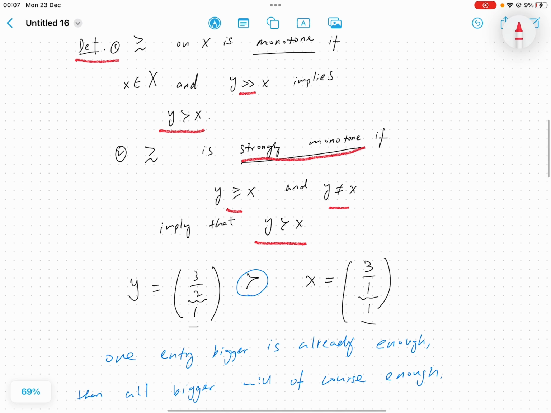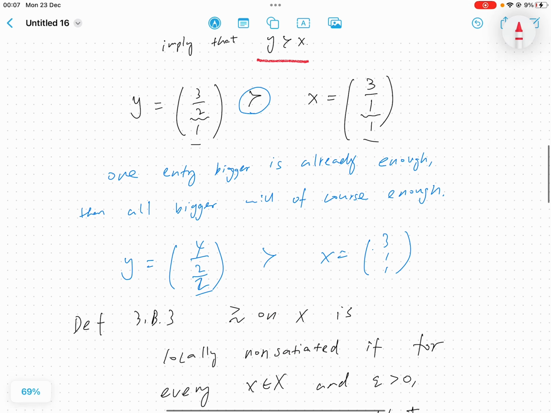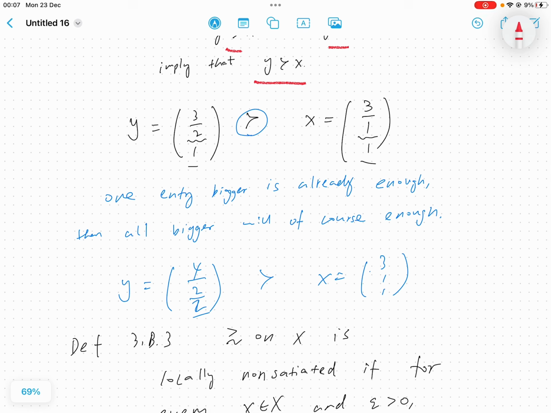And why are we saying that this could directly imply the monotonicity? This is because only one entry in y bigger than x is already enough for this person to think that this is a strict preference relation, right?